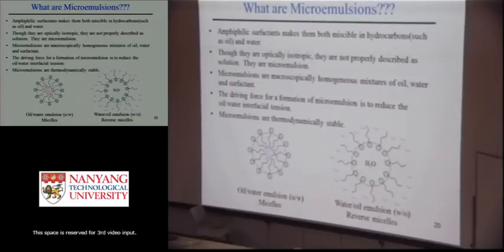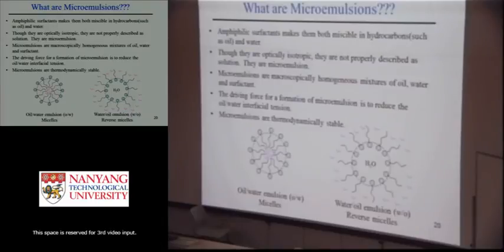The driving force to form a microemulsion is to reduce the water-oil interfacial tension. The reason is that you have a surfactant in this interfacial region, and the hydrophilic and hydrophobic characteristics of this amphiphilic surfactant make a very nice interface layer to reduce direct contact between the water and the oil, to reduce the interfacial energy and interfacial tension.